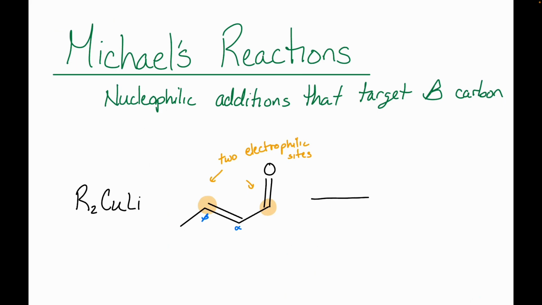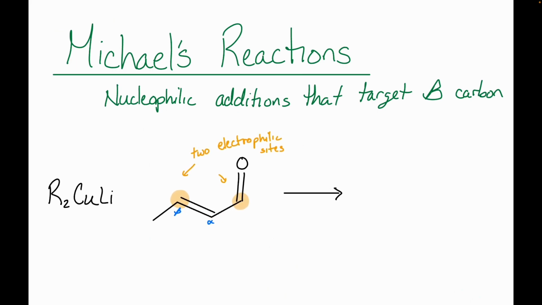What we had learned is if we take one of these Gilman reagents, these will specifically target that beta carbon. In this case, we'll put that R group on that beta carbon.